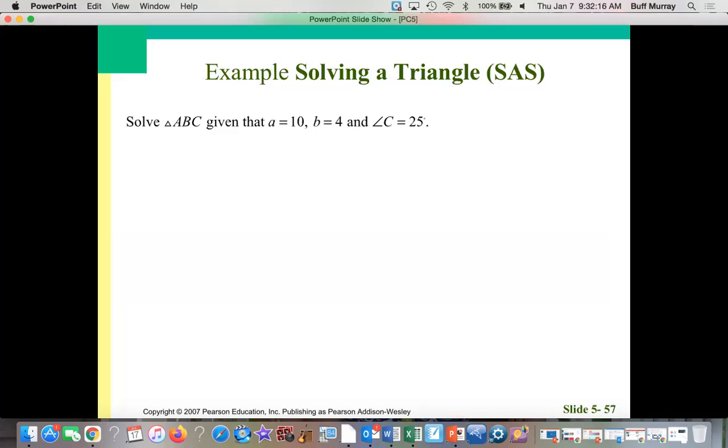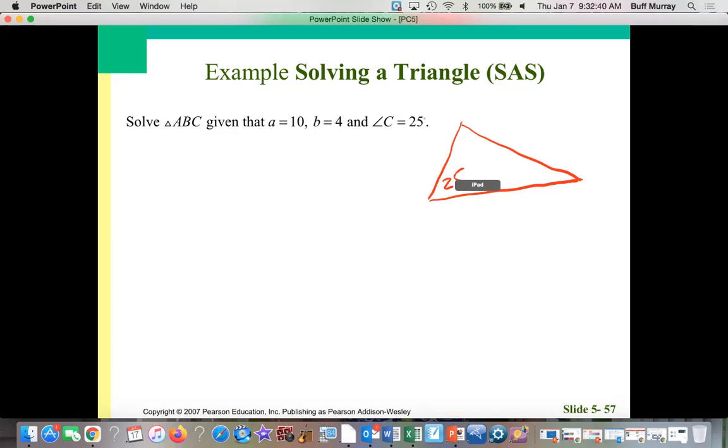All right. So here we're given a side, an angle, and a side, and we're going to use the law of cosines to do this. Now, once again, if you want to use the formulas in the book, that's fine. Mine is just a modified one of that, so I'm not trying to confuse you. Angle C, I'll say, is 25.